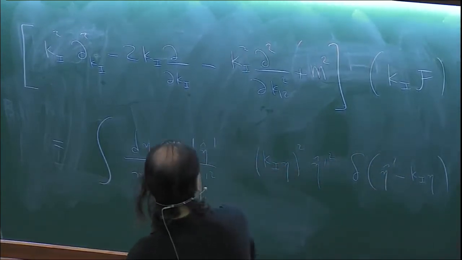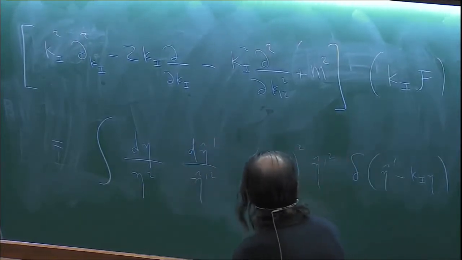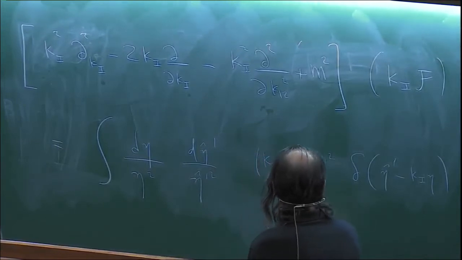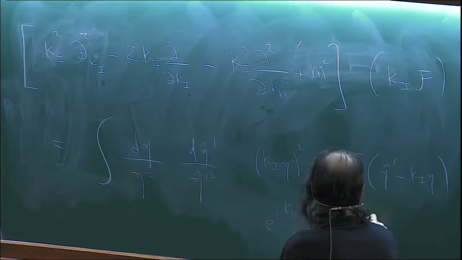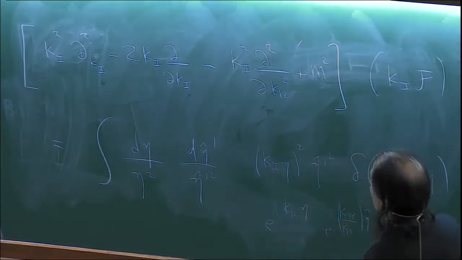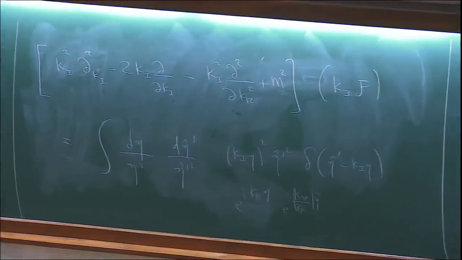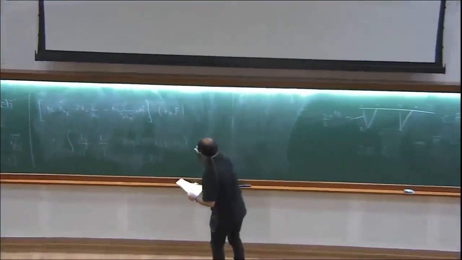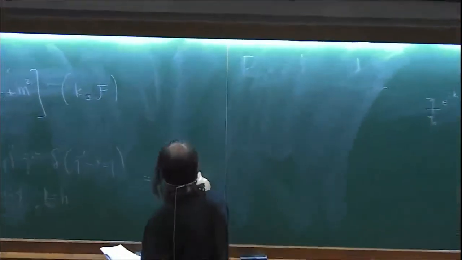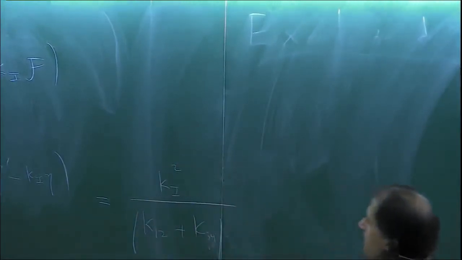And so you see there's an eta squared, eta prime squared. These things go away. I'm left with my integral e to the I K12 eta, e to the I K34 over K12 eta hat. And so this is just equal to K intermediate squared over K12 plus K34. Just doing the integral over time.